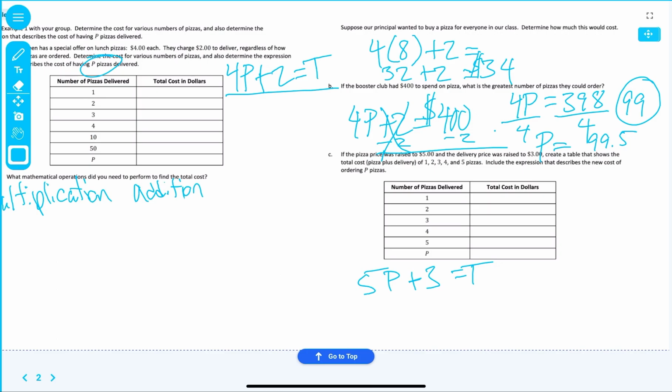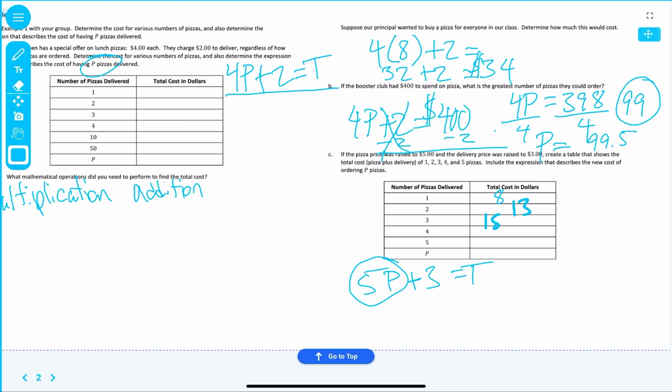So now we can just plug those in. 5 times 1 is 5 plus 3 is $8. And then all we have to do is add 5 to these, because the delivery cost is already calculated in. We're just changing the 5p part. So if we're going up by 1, that means we're just adding 5 to it.